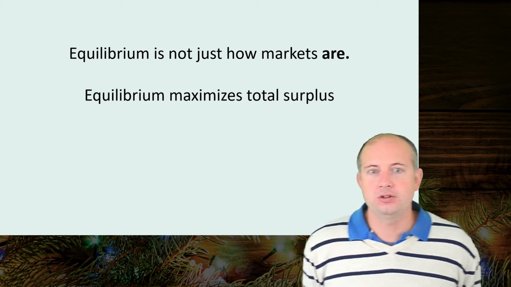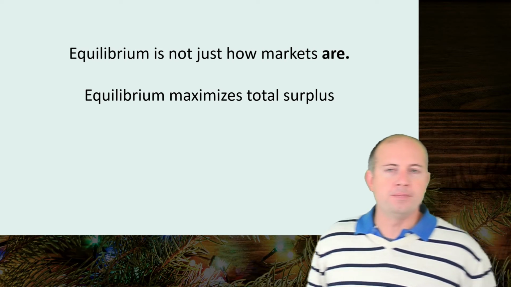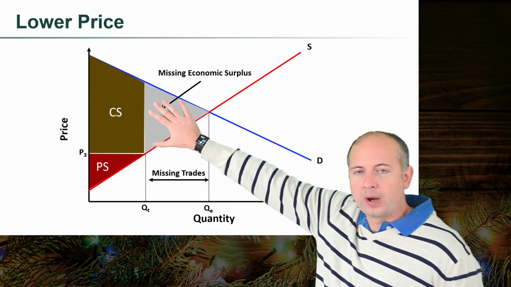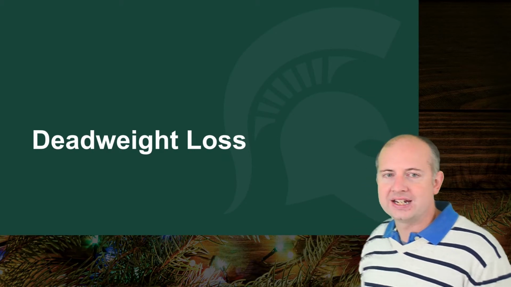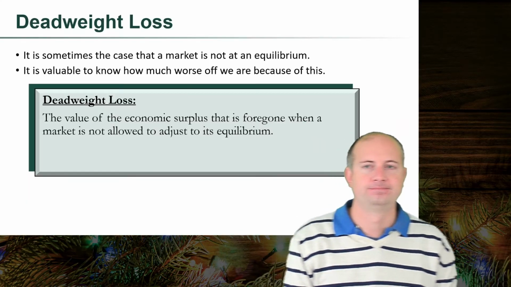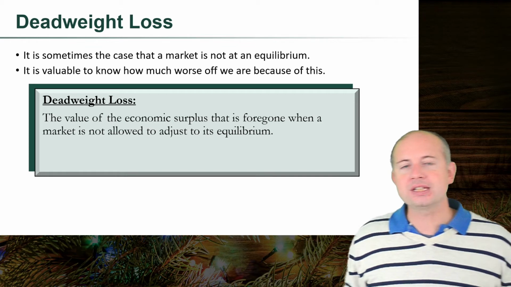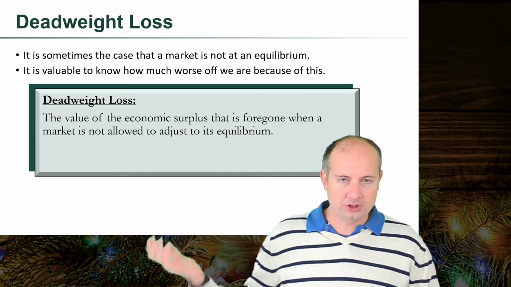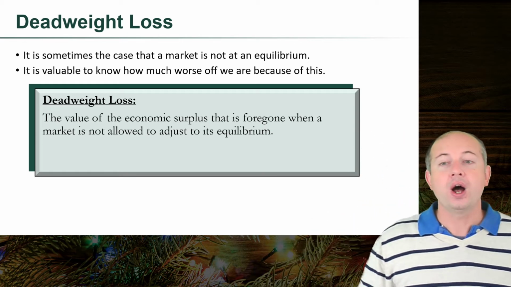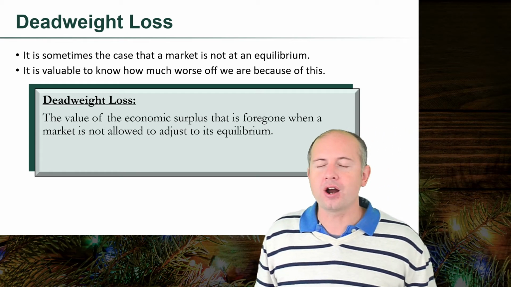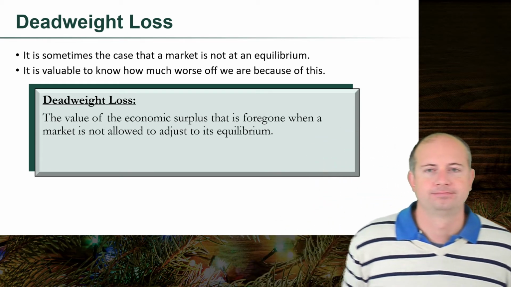Next, we're going to think a little bit more about this gray triangle here, this missing economic surplus. We're going to learn this term called a deadweight loss. It is sometimes the case that a market is not in equilibrium, as we just saw, something like a price ceiling. It is valuable to know how much worse off we are because of this.